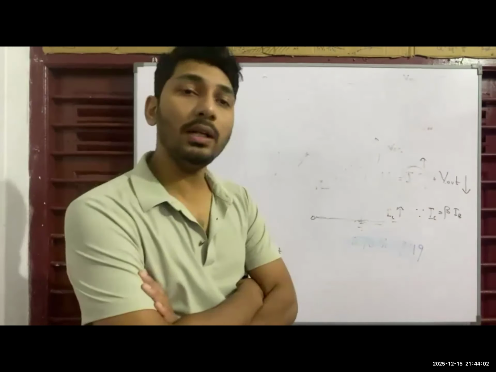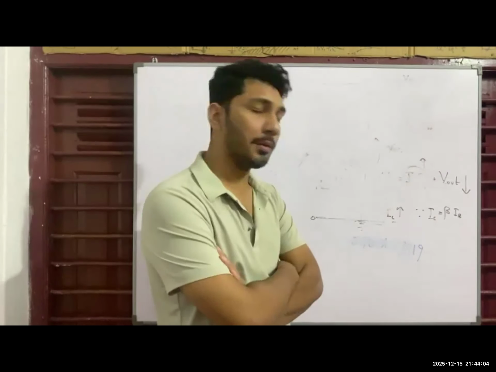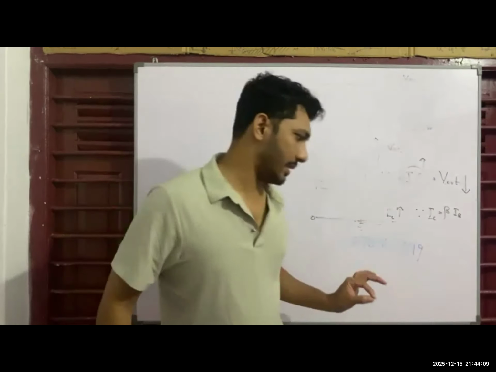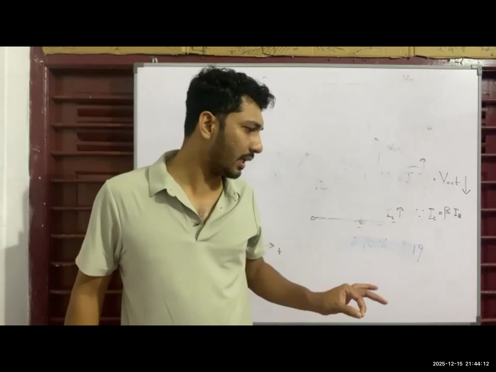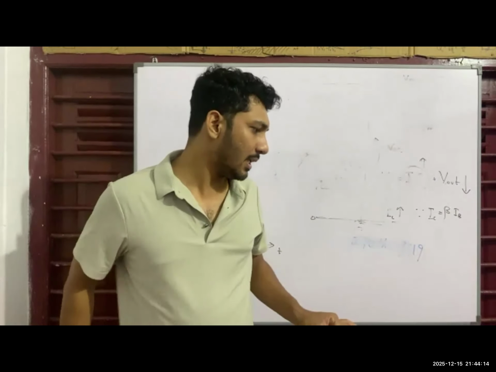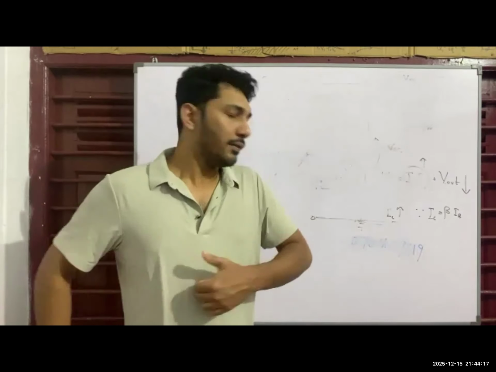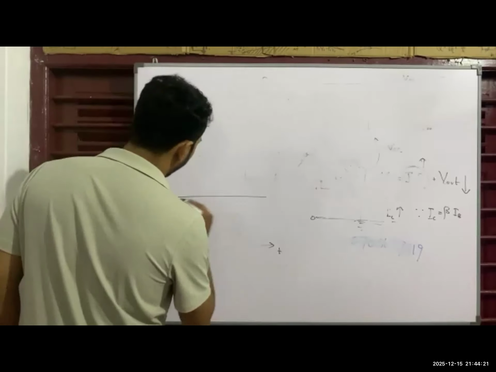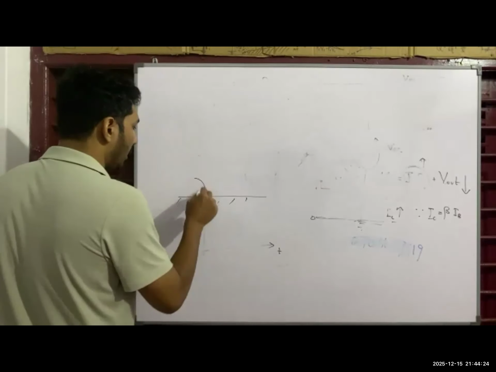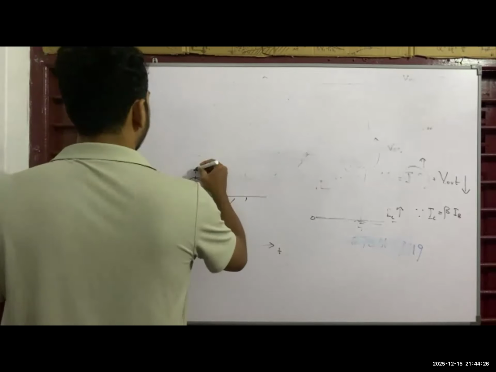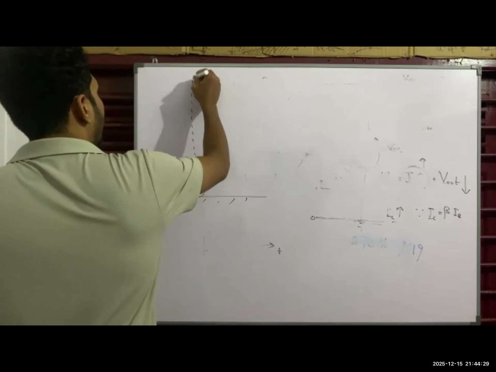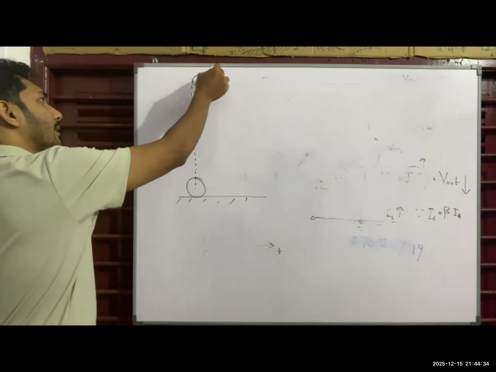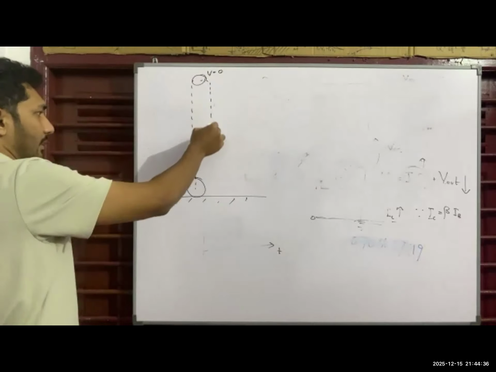37. A ball is thrown vertically upwards from the ground. The time duration between the two instances the ball passes the point at height 25 meters on its path from the ground is 4 seconds. Do you understand the meaning of what they say? This is the ground, so the ball is thrown from here. It goes to a particular vertical height, comes to rest momentarily, and then comes back down like this.